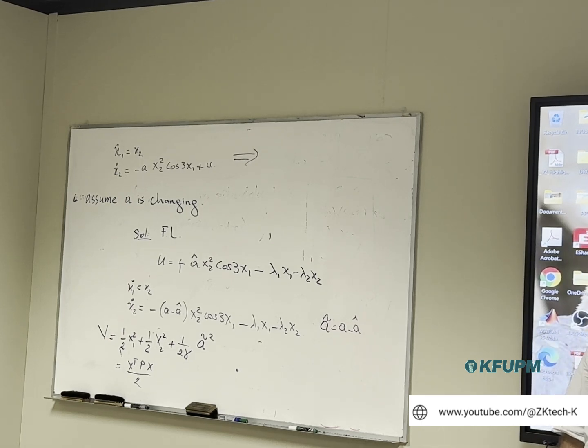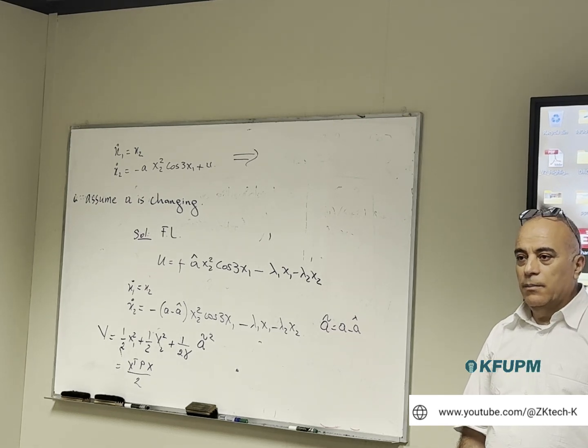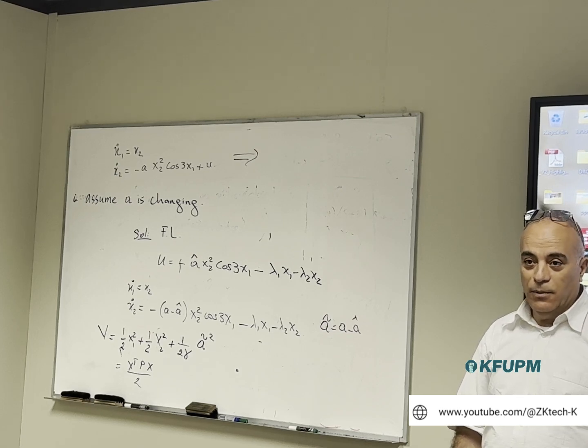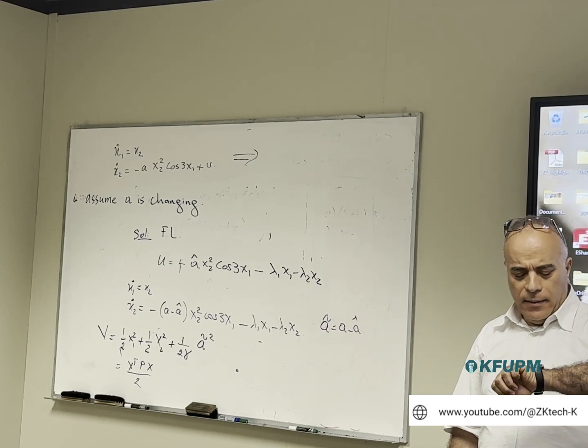The existence of this matrix depends on the stability of the system and the selection of Q. If the system is stable, P exists. If P exists, then the system is stable. So first we select Q, and then you find P. You should be able to know that and to do that. Not only know, but do.